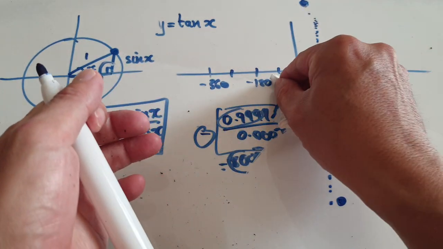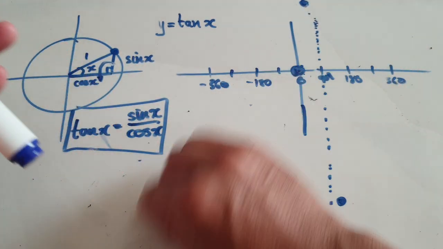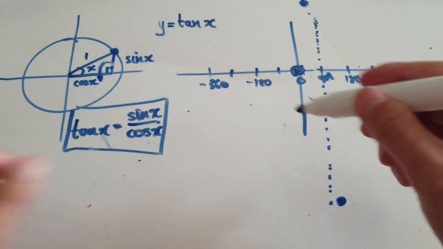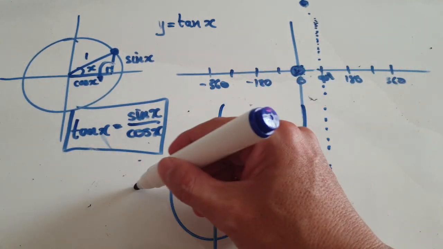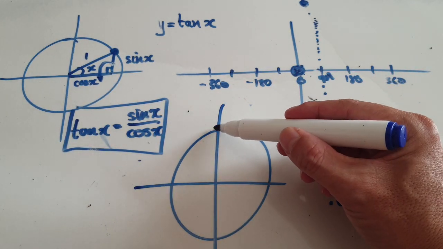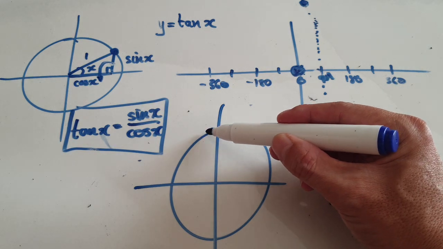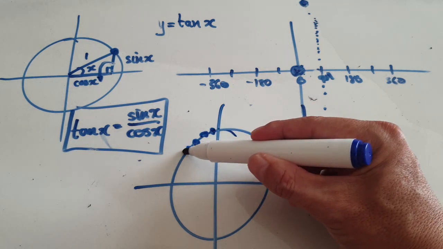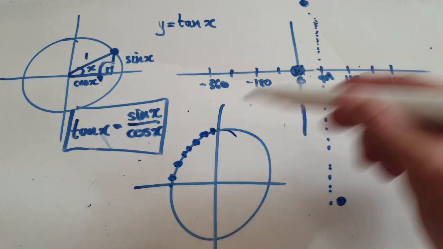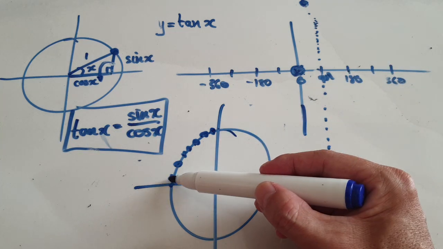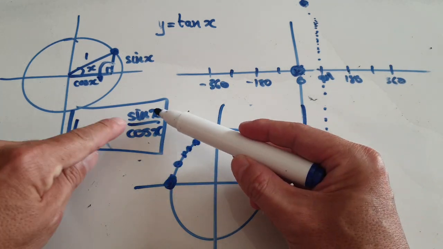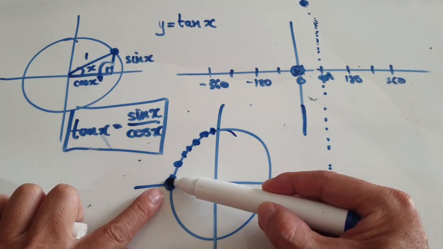So let's continue on our journey with our dot. So we've got a unit circle. Dead on 90, it breaks down. We've just passed 90. Let's continue the journey. So by the time it gets to 180, which is here, what is the height? Because tan is always the height divided by the across. The height here would be 0.